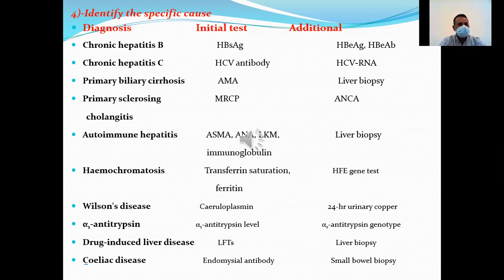For example, chronic hepatitis B. If there is suspicion of hepatitis B, we look for hepatitis B surface antigen or other markers, hepatitis E antigen, hepatitis E antibody, to evaluate the hepatobiliary disease. Another, if there is suspicion of chronic hepatitis C, we test the blood for hepatitis C antibody.